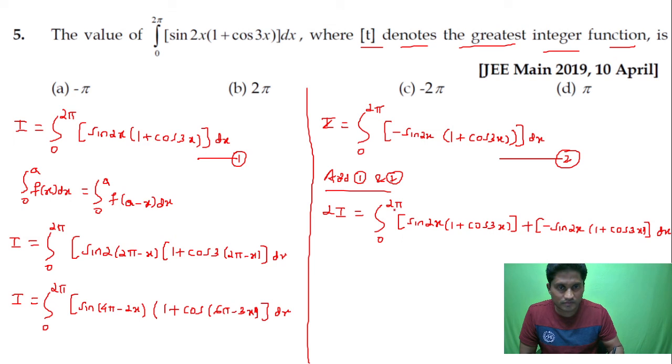Now see, if x is not an integer, box x will be equal to x. Let me write like this: box of minus x will be equal to minus box x if x is an integer.